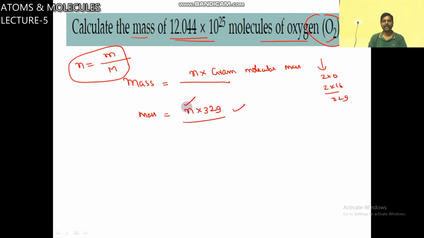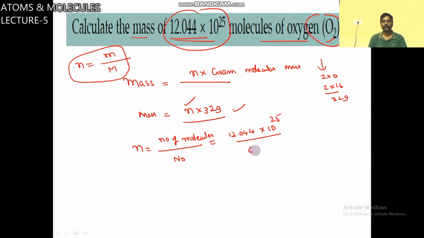You have to calculate n. How will you get n? From the second formula, n is the number of molecules divided by Avogadro number: 12.044 into 10 to the power of 25 divided by 6.022 into 10 to the power of 23.